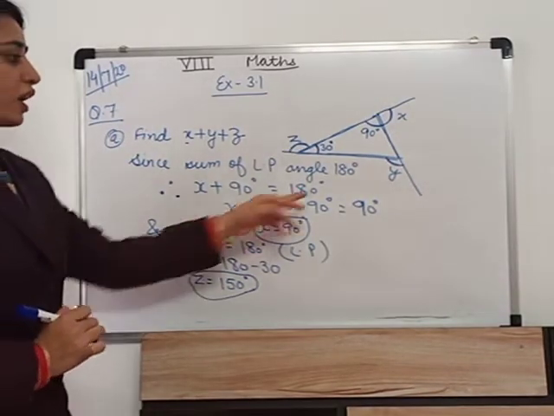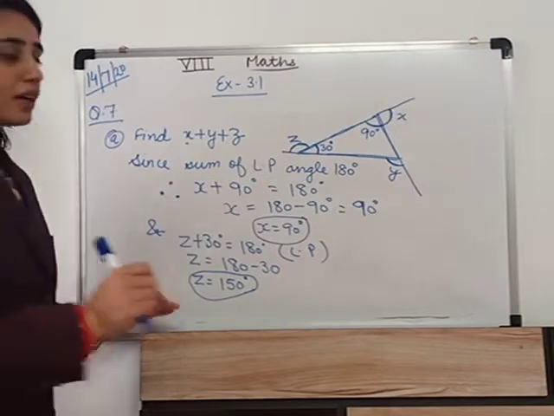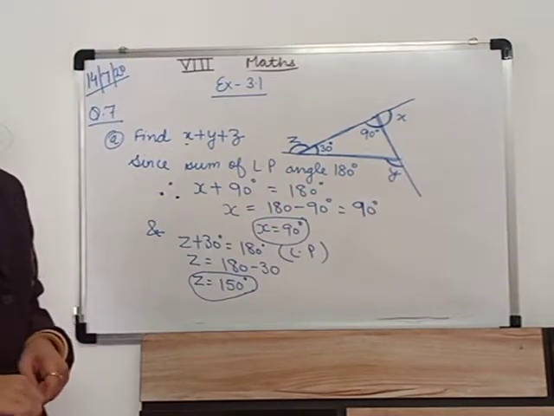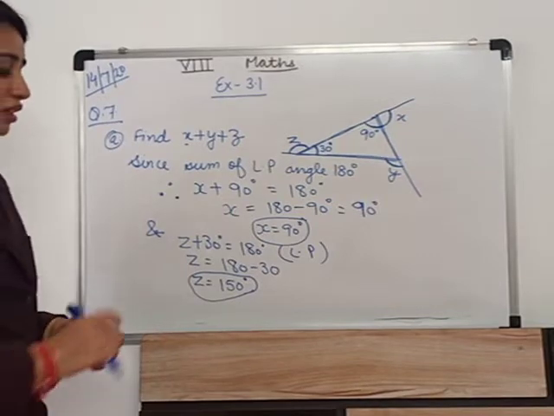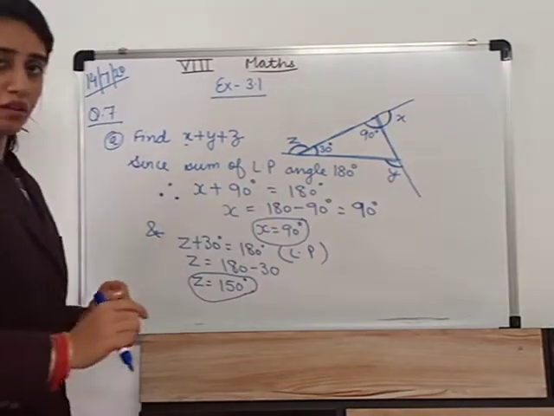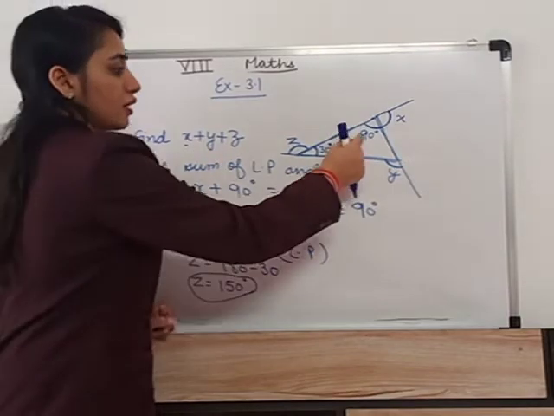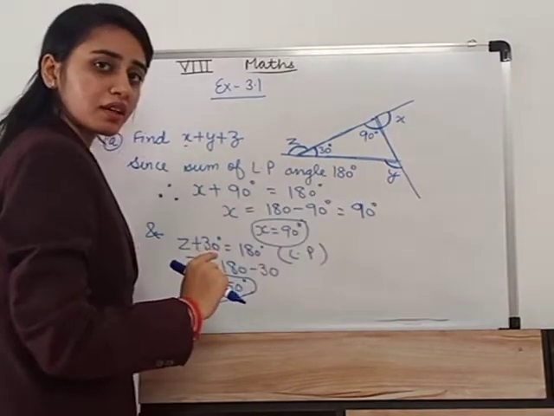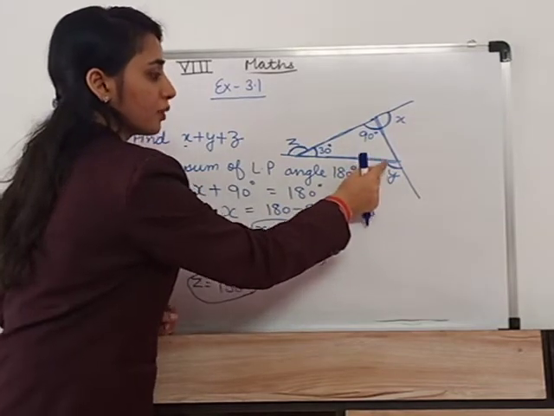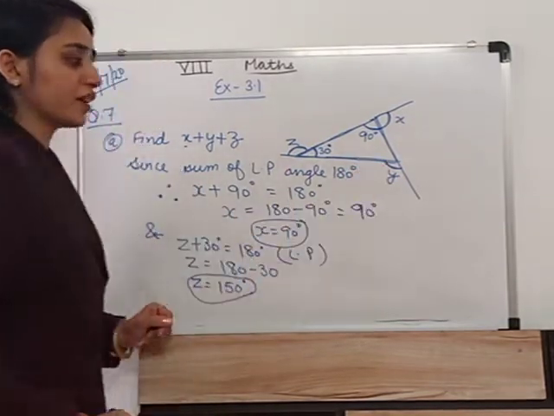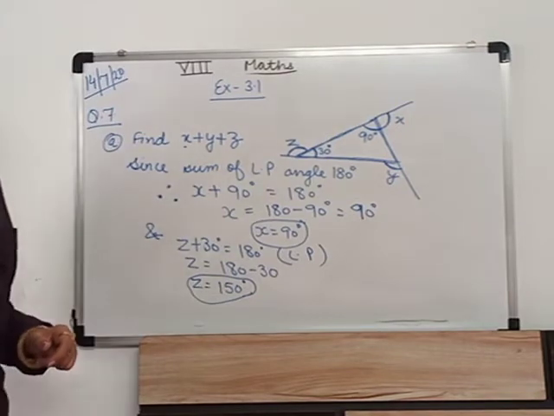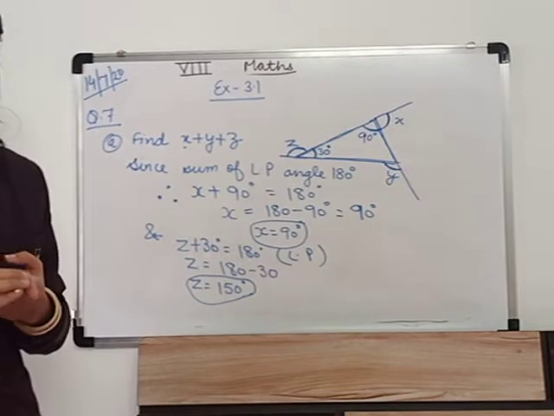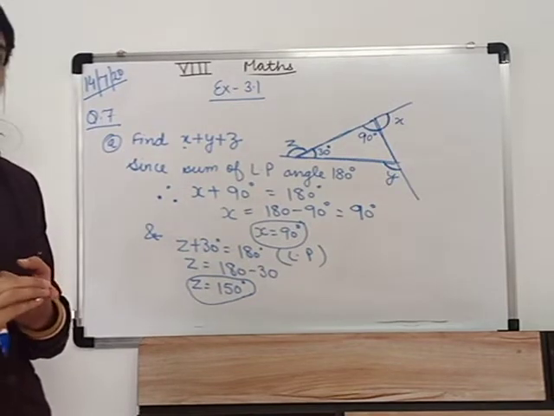Now the remaining value is the value of y, but this angle is also unknown, this angle is not given. So first find the value of this angle. You can use the angle sum property, then after that linear pair, you can find the value of y, or one short method is here, by using the exterior angle property.